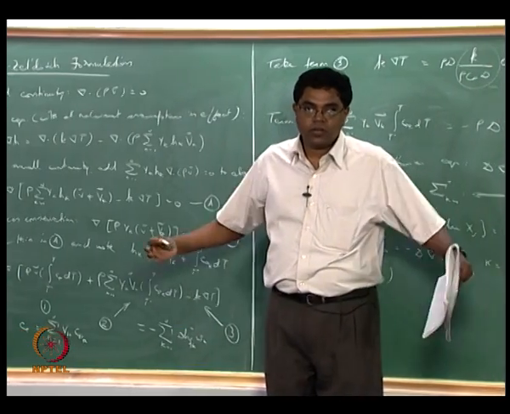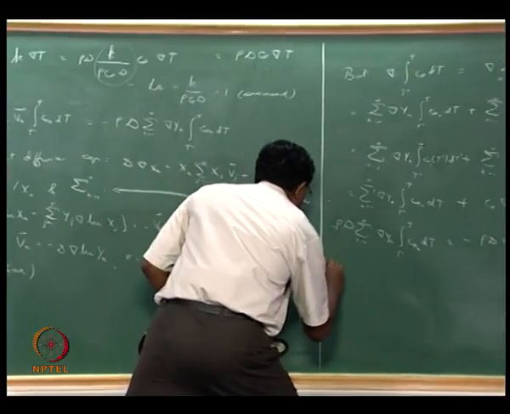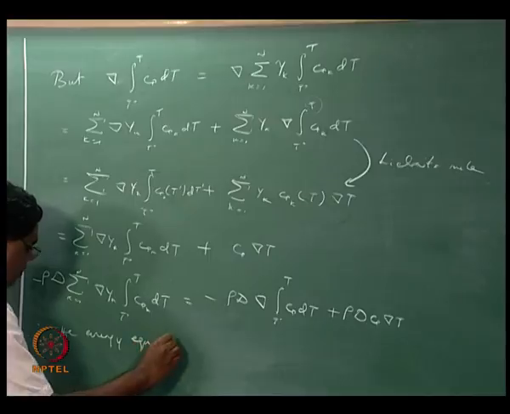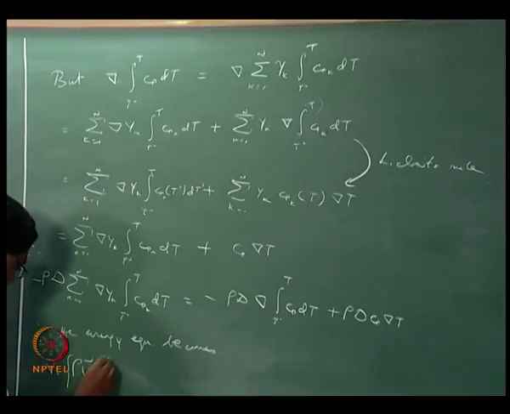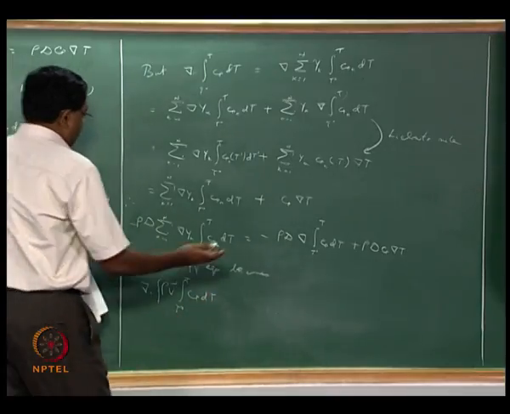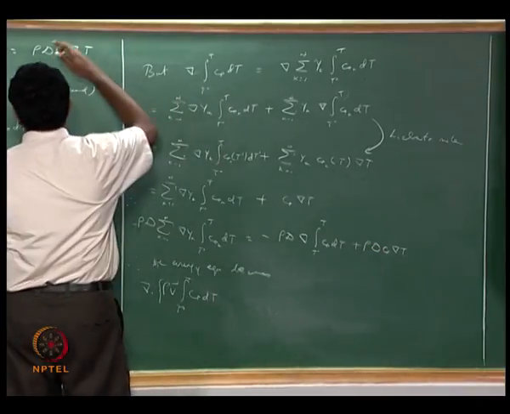So we now can assemble all these different pieces of the energy equation. Therefore the energy equation becomes divergence of rho v vector integral T naught to T Cp dT. That is exactly the first term. We need to borrow only this term for the second term, the other one is going to get cancelled with the third term.